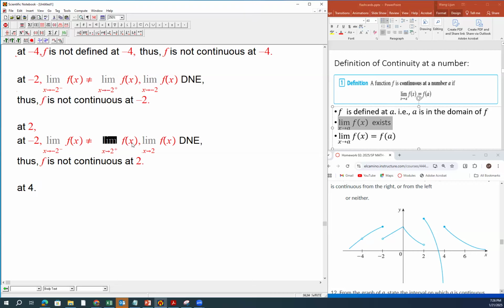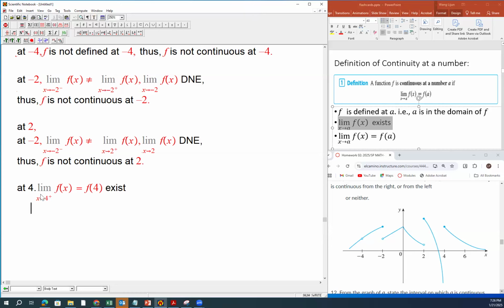So the limit when x is approaching 4 from larger does exist. It exists, and it is also equal to the value of the function at 4. Okay, it equals f of 4.